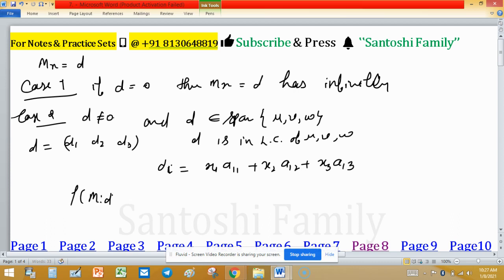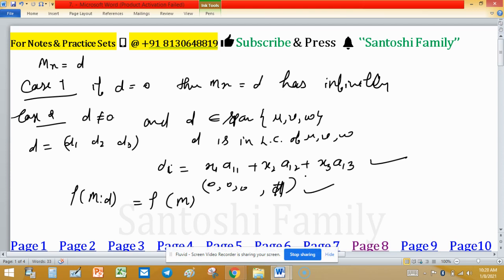This system has the same rank as the augmented matrix. The rank of M d is the same as the rank of M because d is in this span. So d can always be written in this type. That means you will not get a row of 0 0 0 with a non-zero value, in either the coefficient matrix or the augmented matrix.